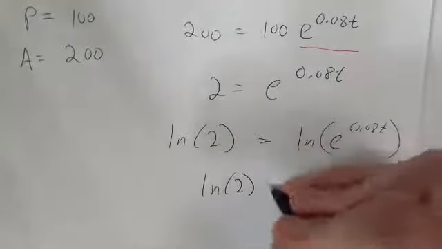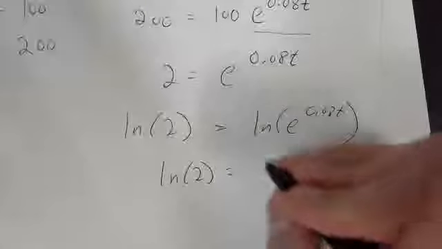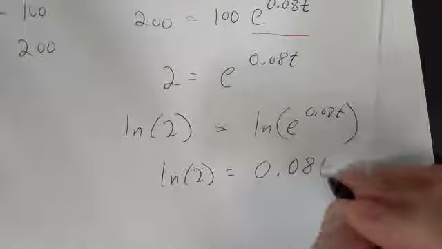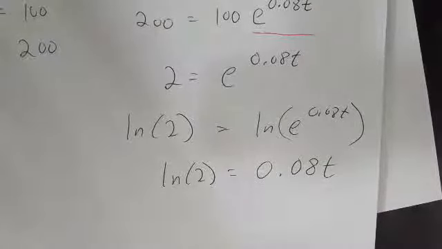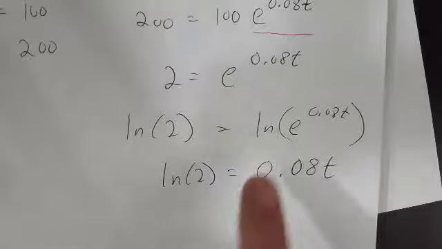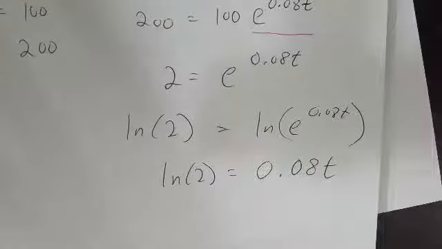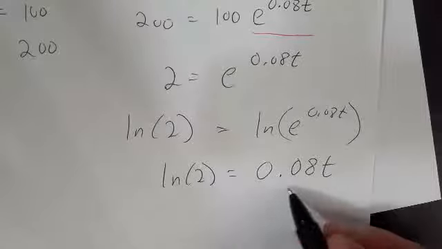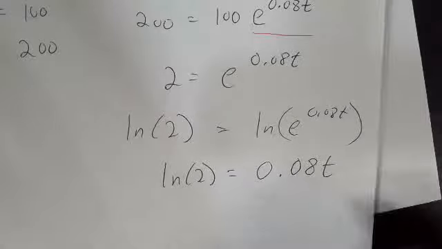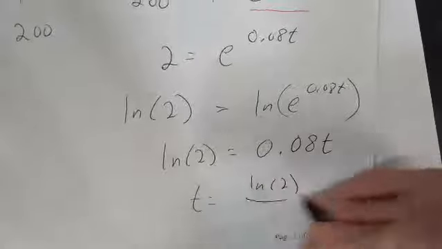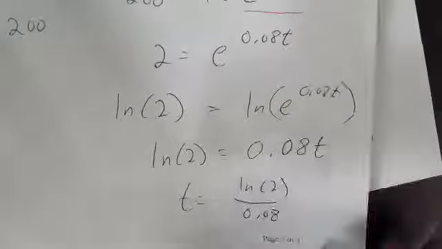That's a crazy number, an irrational number, but it's just a number. This is 0.08t. I use my inverse properties here. Now I want to solve for t, so I have to divide by 0.08. So t is equal to the natural log of 2, divided by 0.08.